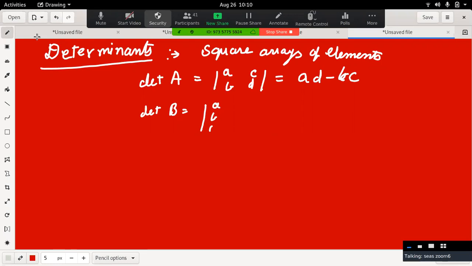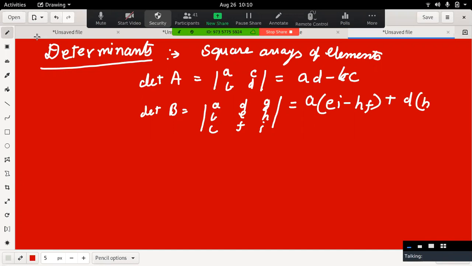So a, b, c, let's say d, e, f, and g, h, i, then it can be elaborated like a(ei minus hf) plus d(hc minus bi) plus g(bf minus ec).